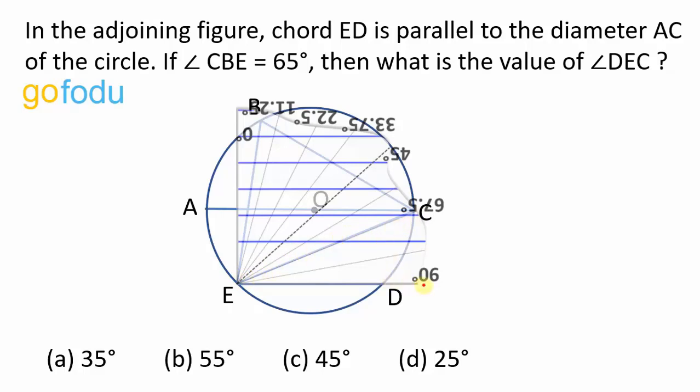If this line here represents 0 degrees, then this line will be at 11.25 degrees and this line here will represent 22.5 degrees. And this EC is very close to 22.5. In fact, it is slightly above 22.5. So we can safely mark option D as the correct answer. Option D is our answer.